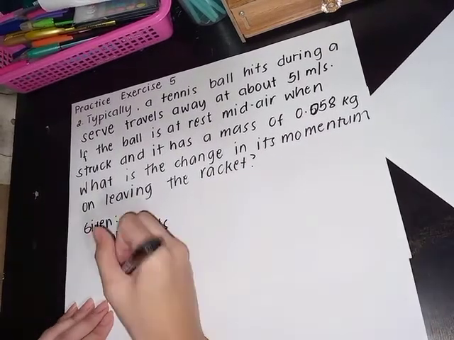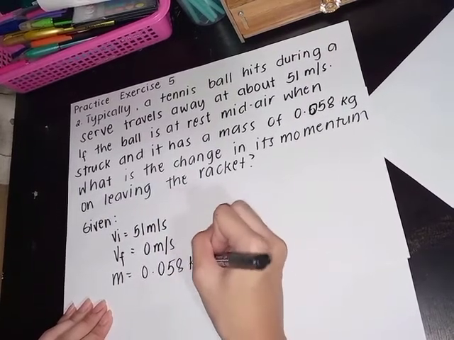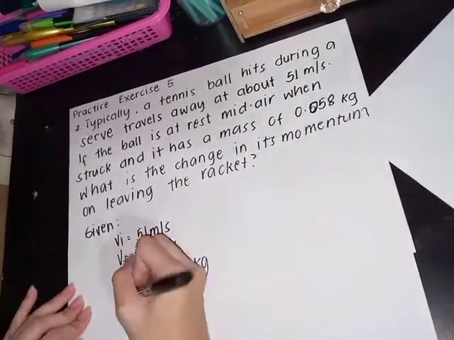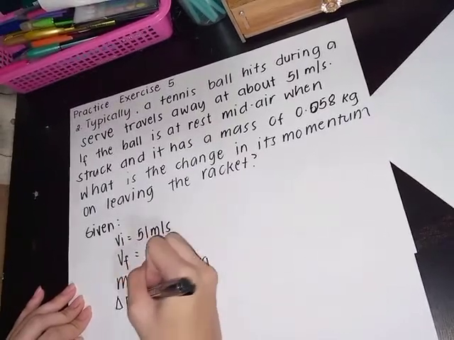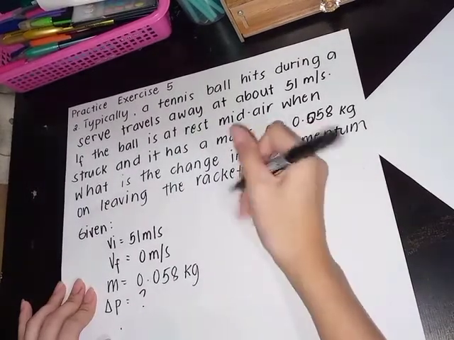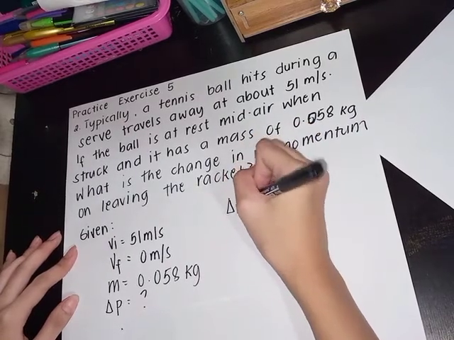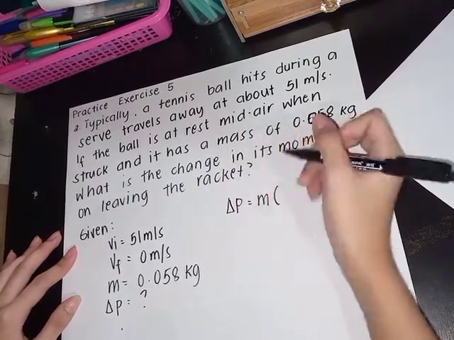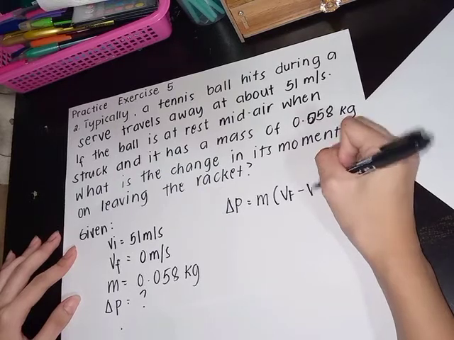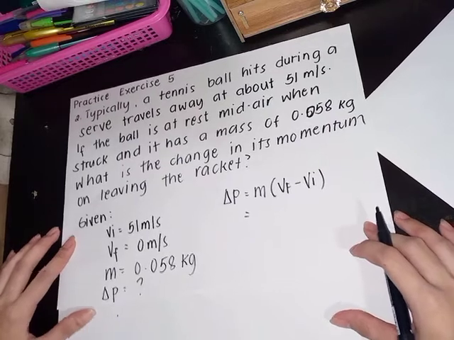And we have the final velocity of 0 meter per second because the ball is at rest in mid-air. And we also have a mass of 0.058 kilogram. And we have to find the change in momentum. So, the formula of change in momentum is mass times final velocity minus the initial velocity. So, substitute the given.